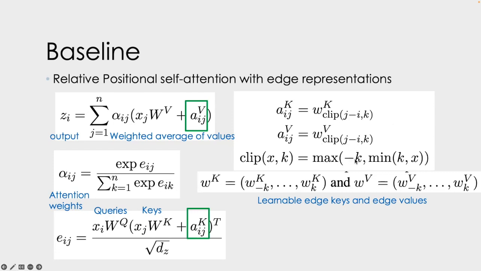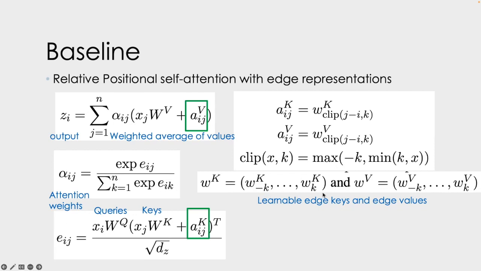Basically it's clipped between minus k and k, so it only applies the edge weight. So we have a vector for the edge keys with the relative distance from negative k to k, and also a vector for the edge values from negative k to k. This k is the relative distance of the positions of the tokens in the sequence.